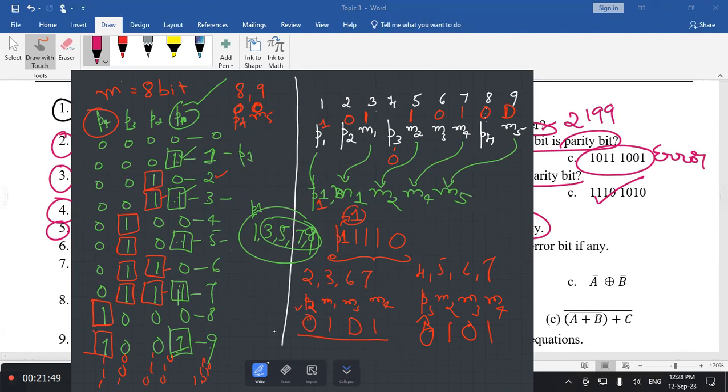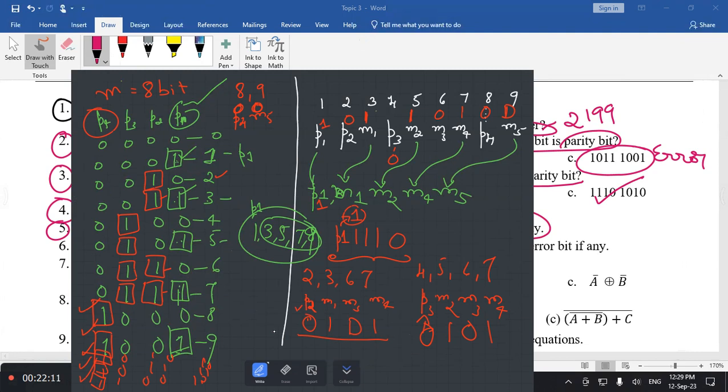Now tell me, where do you have 1 here? Have you understood this? The combinations you have to take are 8, 9, 10, 11, 12. These bits you have to take.